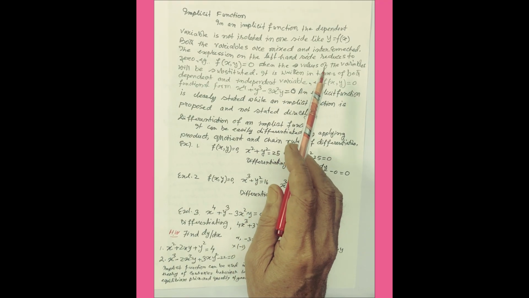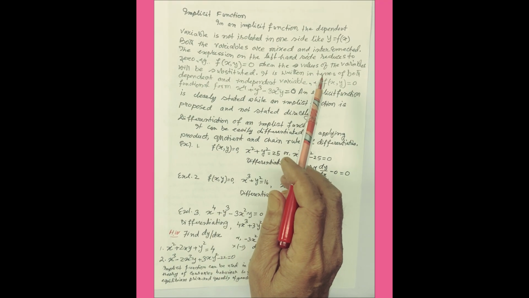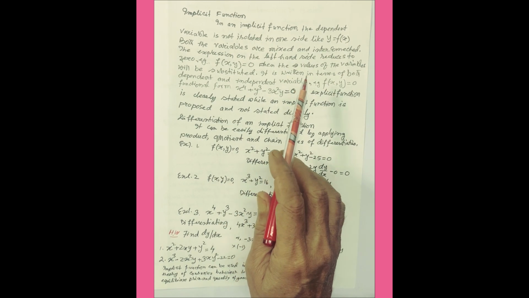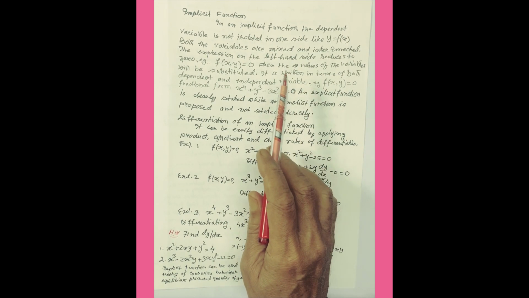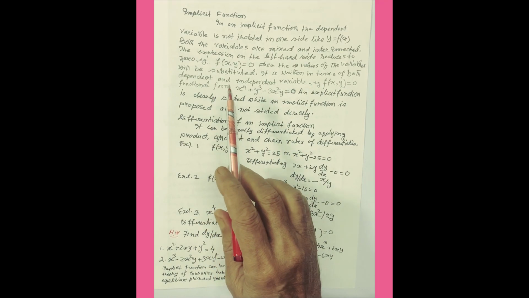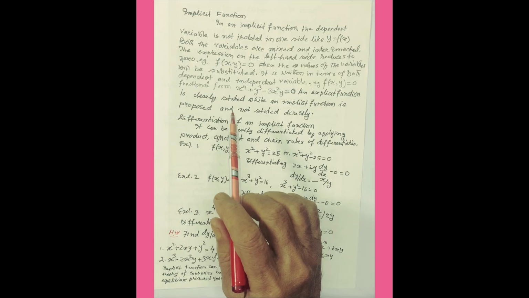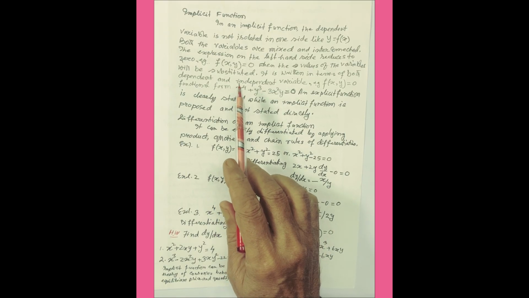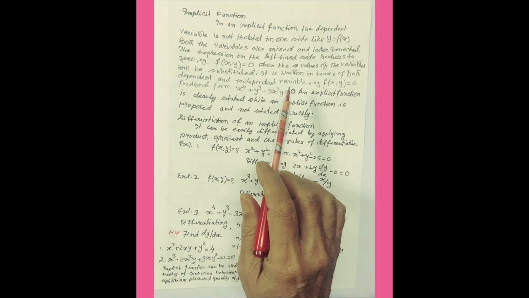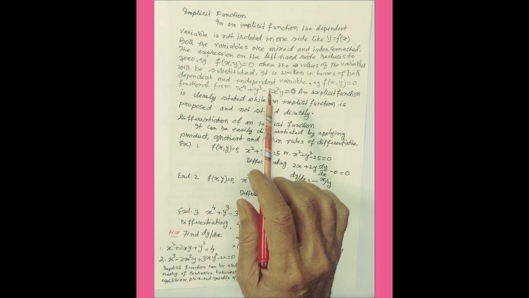Generally in an explicit function we write y is a function of x, but in an implicit function we do not. Both the variables, the dependent as well as the independent, are mixed and interconnected.